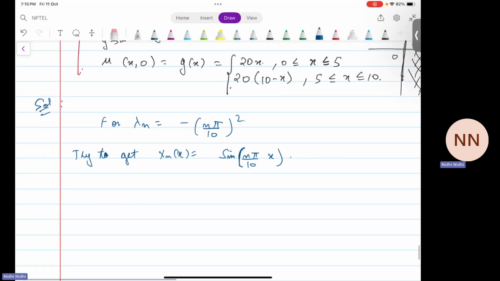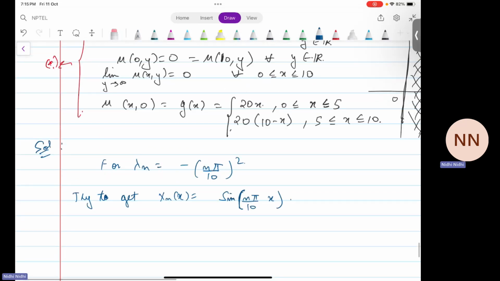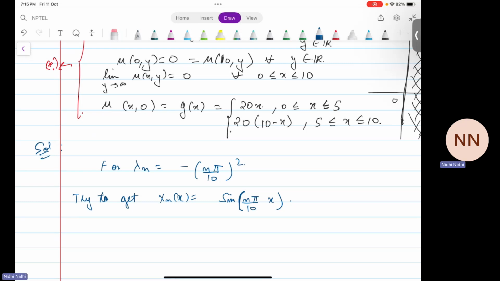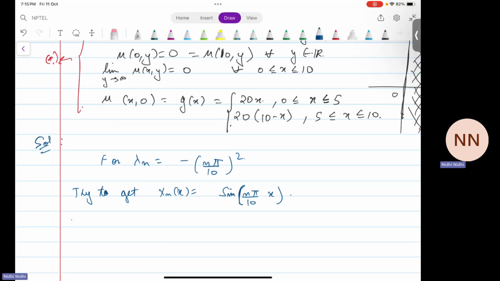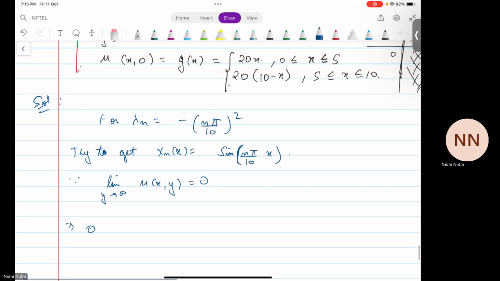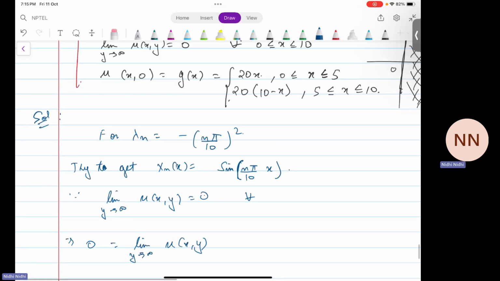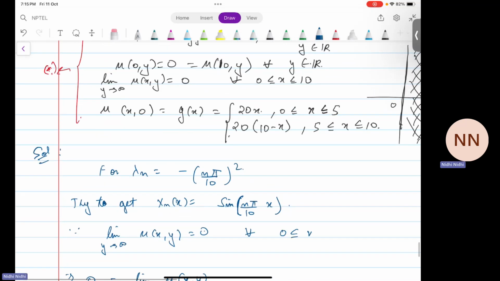So I hope you must have got this X_n and lambda n. So we have the boundary condition, limit y tending to infinity u(x,y) equals 0. This gives us 0 is equal to limit y tending to infinity u(x,y) for every 0 less than x less than 10. So what is u(x,y)? X(x)Y(y).